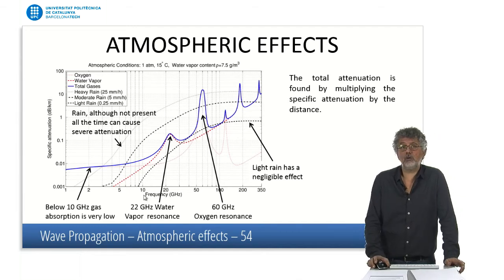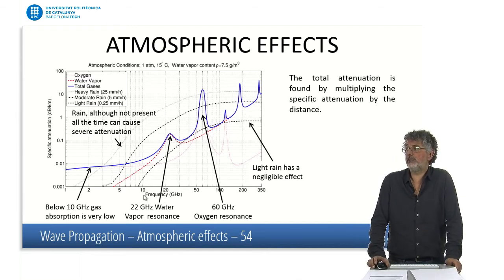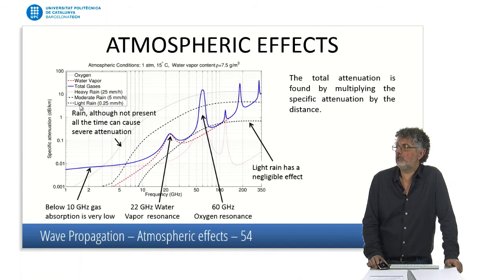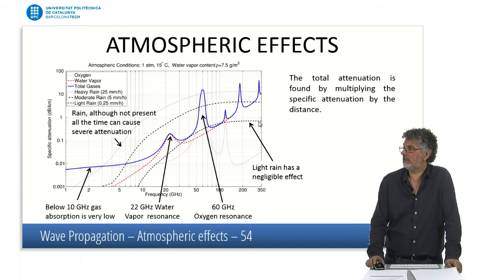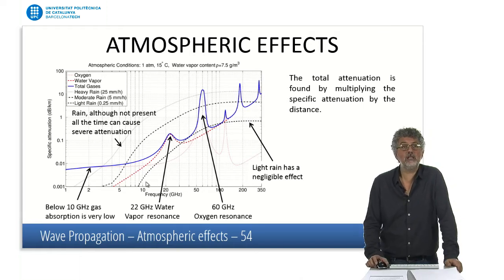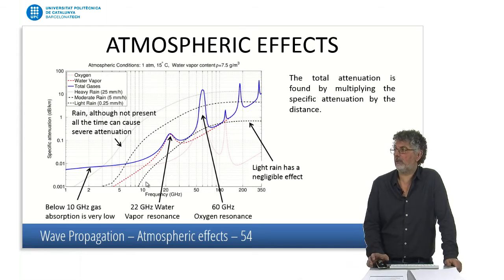But there is another component that has to be taken into account, which is rain. And here we are plotting also the contribution of rain in three cases: light rain, moderate rain, and heavy rain. Notice that light rain, which is this dashed line, in all cases has a contribution much smaller than the attenuation due to gases, so it can essentially be neglected.